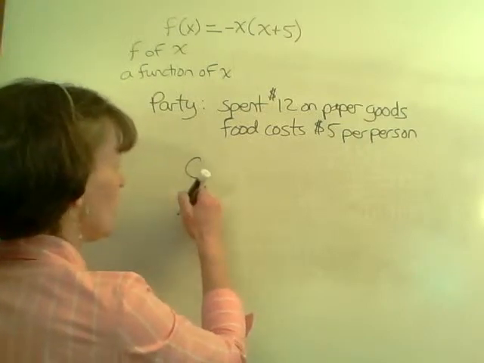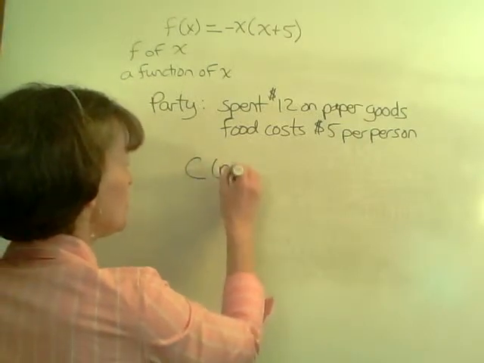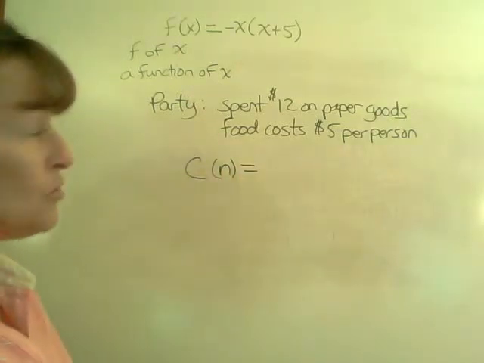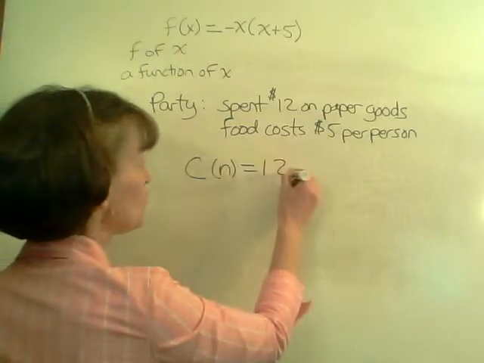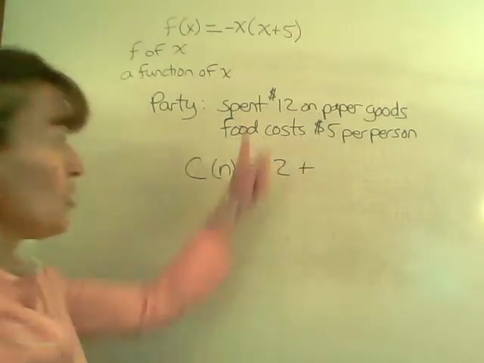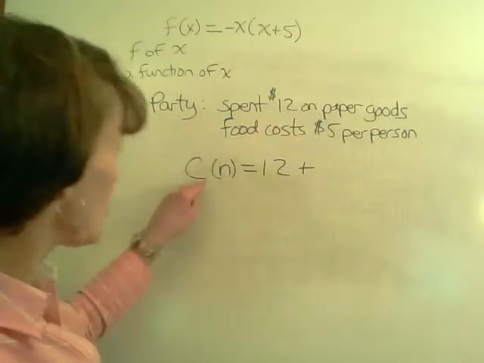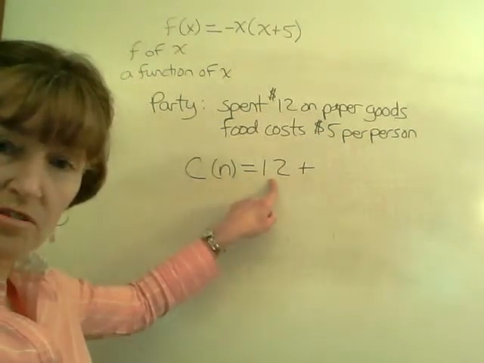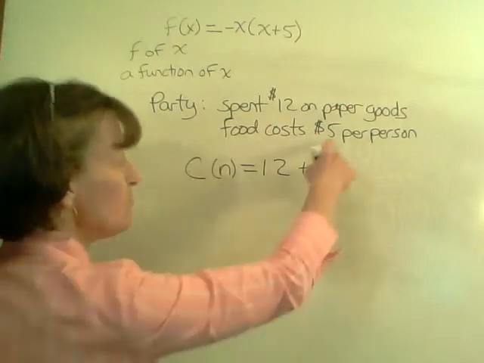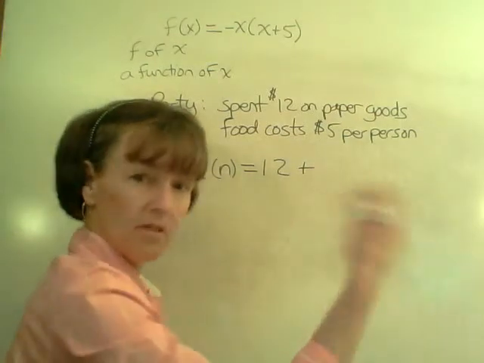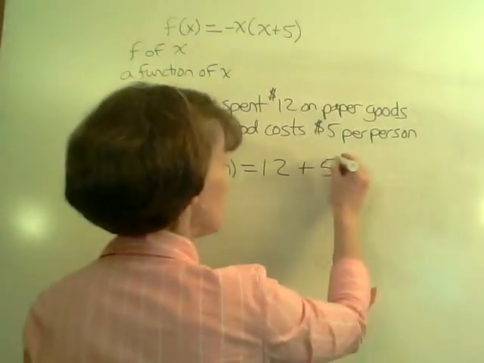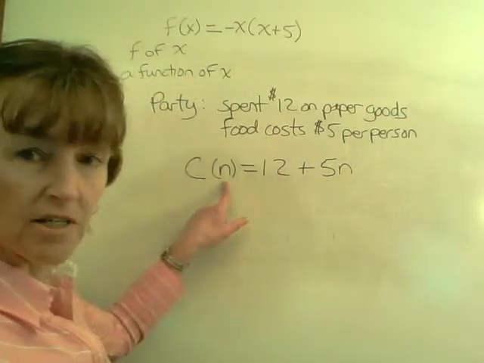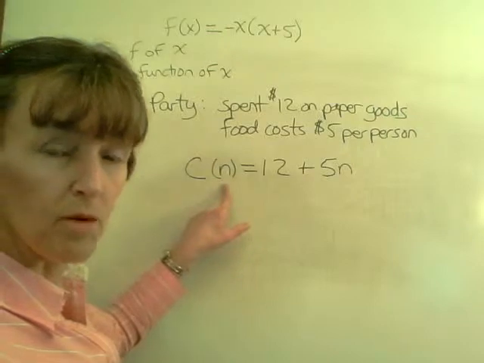So we can write that as C of N, and we can say that that's going to look like 12 plus, because I've already spent $12 on paper goods, okay? So my cost is going to be equal to the amount of money I've already spent plus $5 times the number of people that come. So 5 times N. So you see, my cost is a function of N. My cost is determined by what N is.